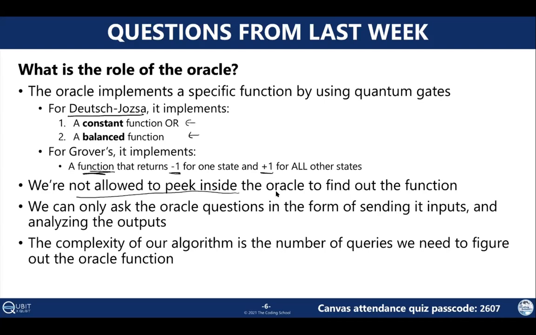Similarly, in our algorithm, one metric of complexity is the number of queries we need to figure out this particular oracle function. So the oracle can do something to set things in the right way. So we've put in something, we've gotten out what we want, but we don't actually know what the function the oracle is implementing actually is necessarily.